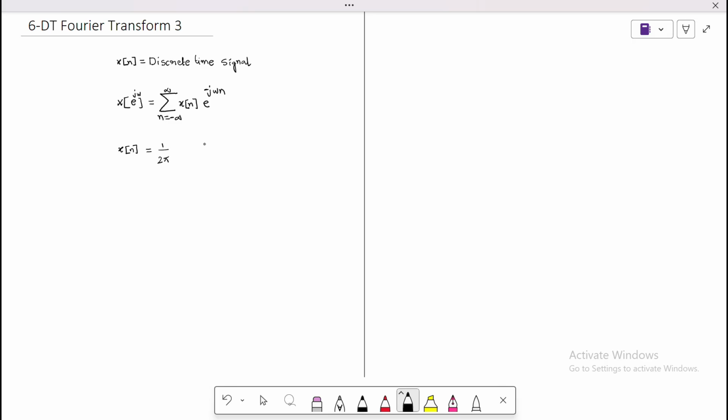Since this X of e power j omega is continuous, we should take integration instead of the sigma. This X of e power j omega is periodic, even though x of n is aperiodic. That you should remember. It's a very, very fundamental concept. The periodicity is equal to 2 pi.